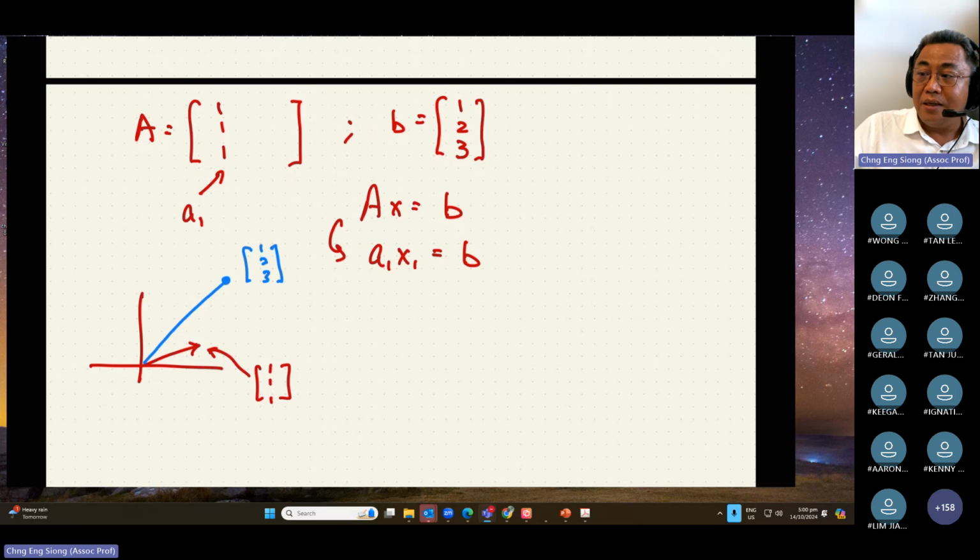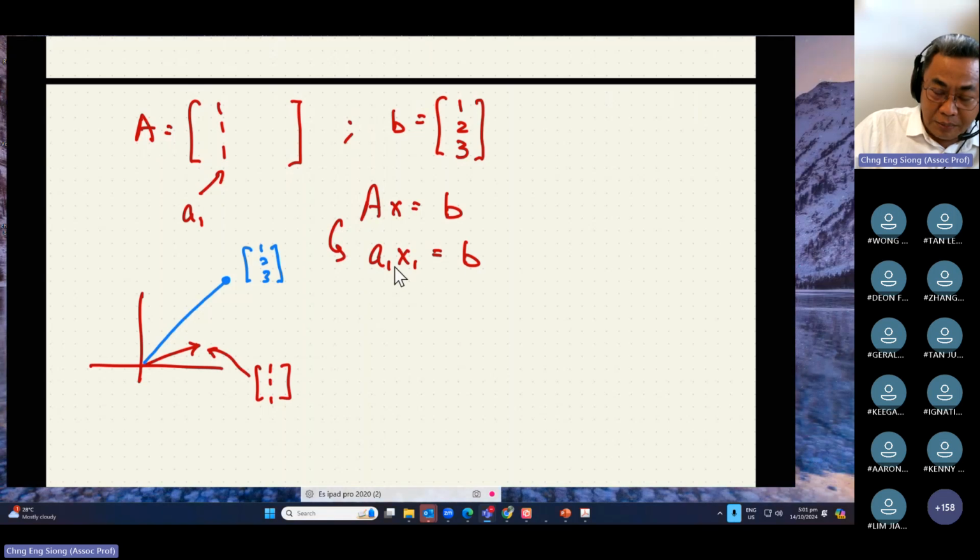I want to choose x to make the smallest error. So what am I trying to multiply? I should write them as vectors so that you can clearly see. This is the b vector, in blue, and the a vector is sitting here.